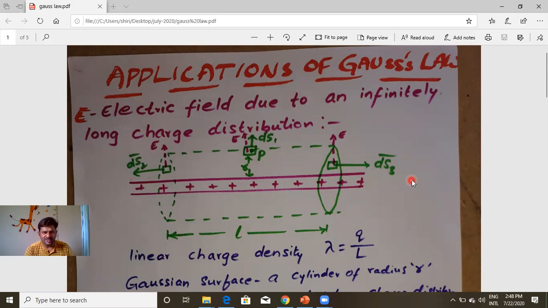We need to understand what is infinite length. In this application, from this infinitely long wire, I need to calculate electric field intensity at a point P, which is located at a distance of R from this wire.